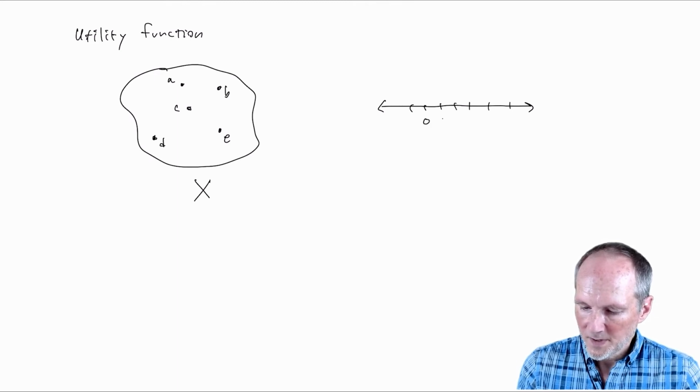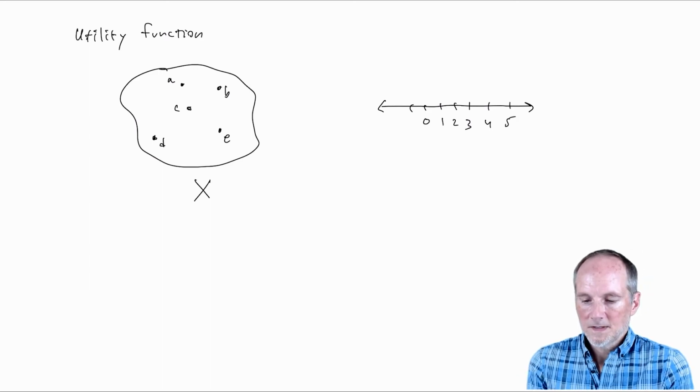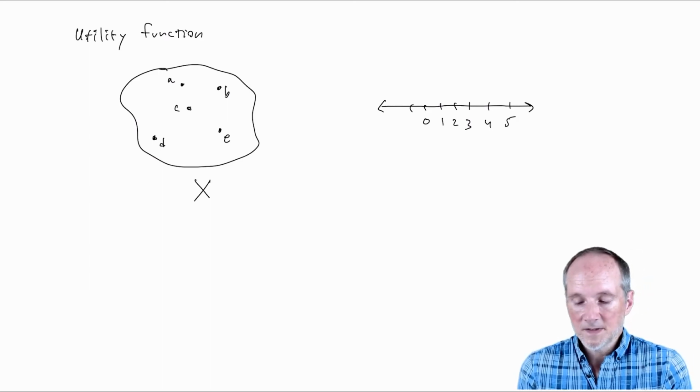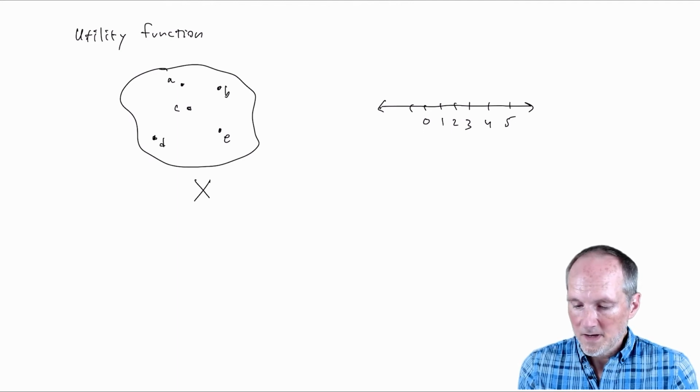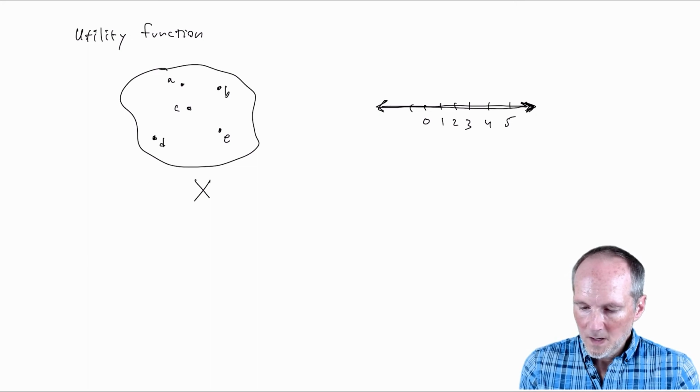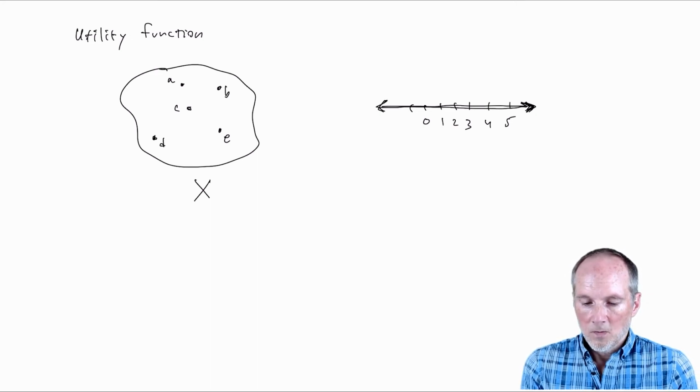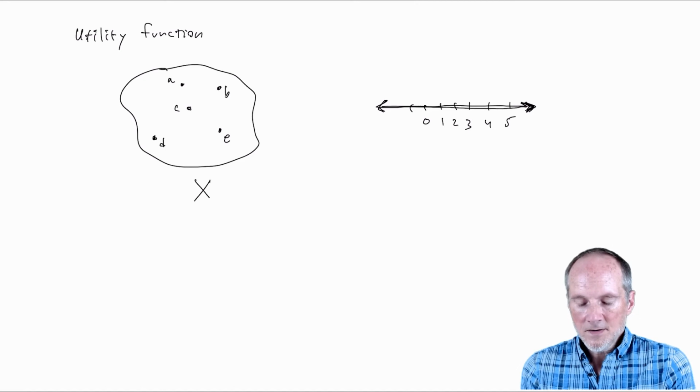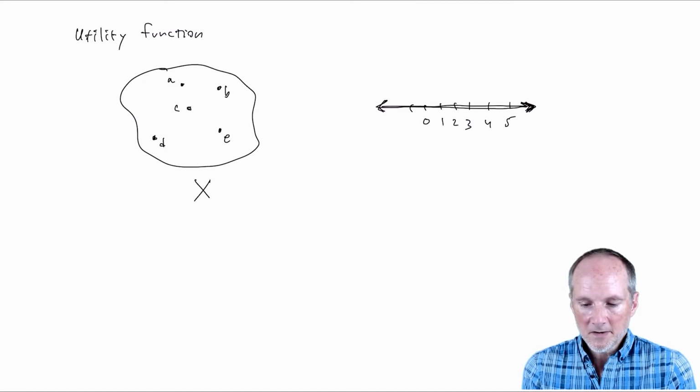These utilities, as we call them, these numbers, are going to be on the real line somewhere, and we're just going to assign higher numbers to alternatives that are better.